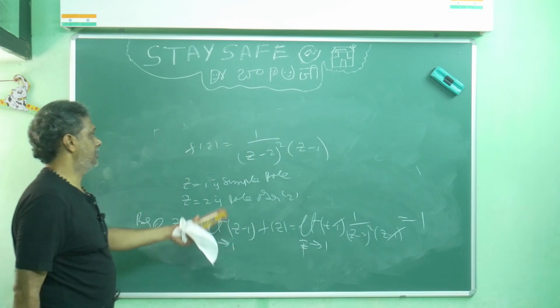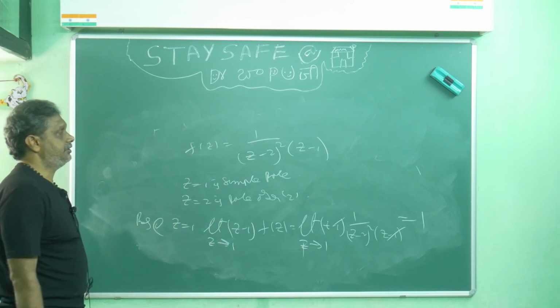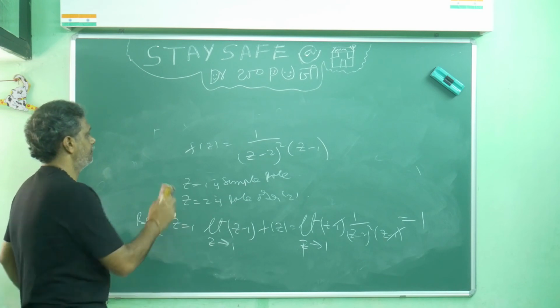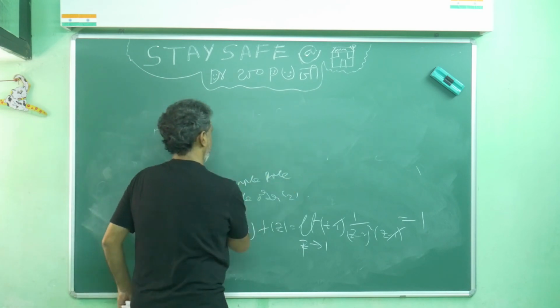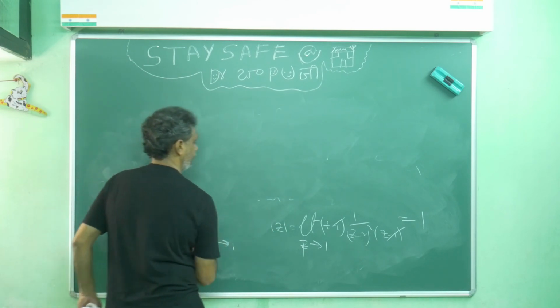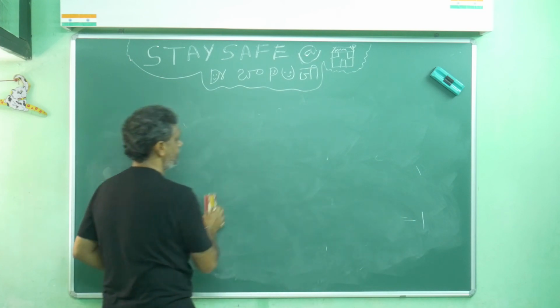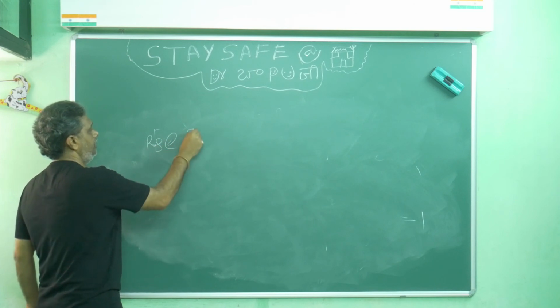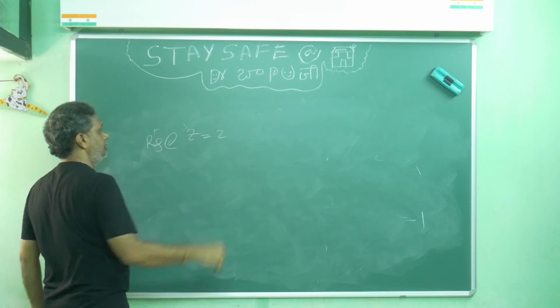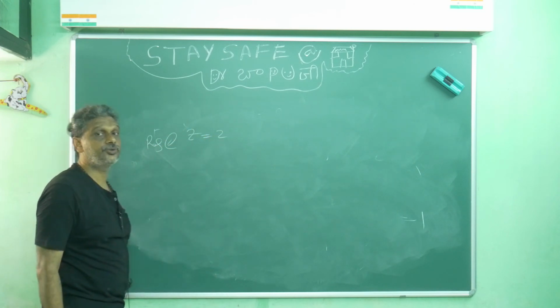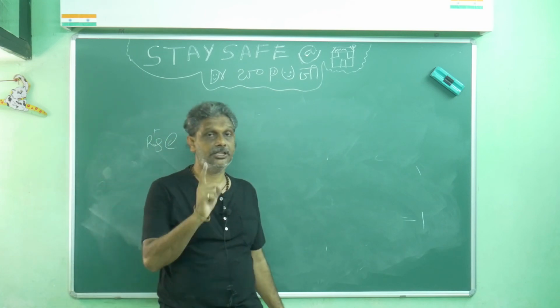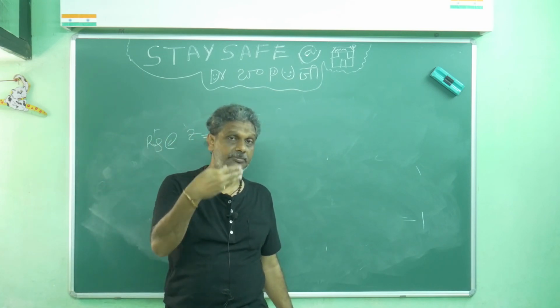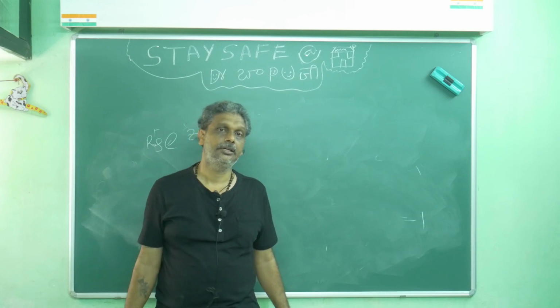Now the story will start. I want to find the residue at z equal to 2. 2 is a pole of order 2. Pole of order 2 means one time I have to differentiate, divided by 1 factorial.